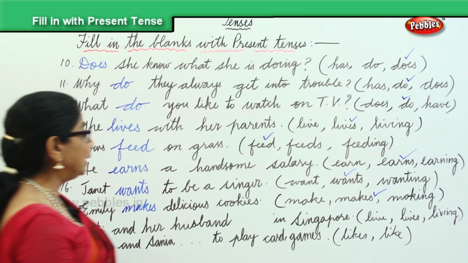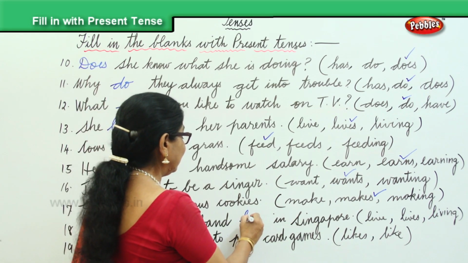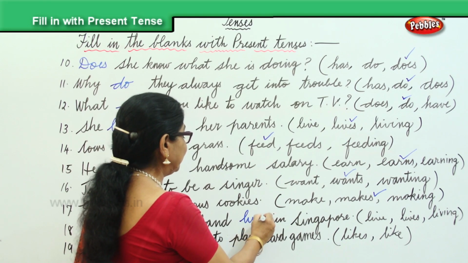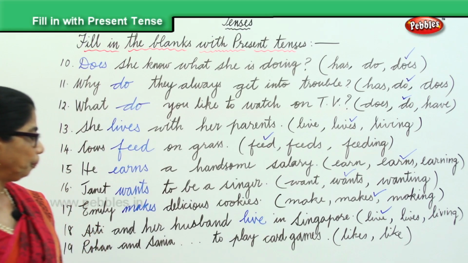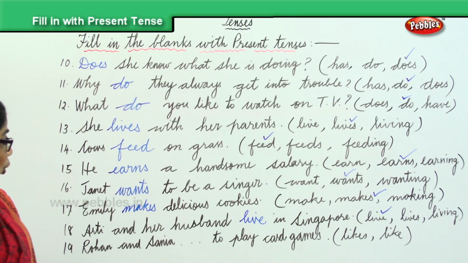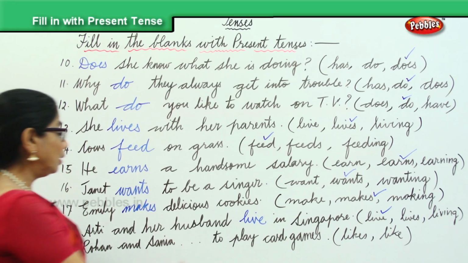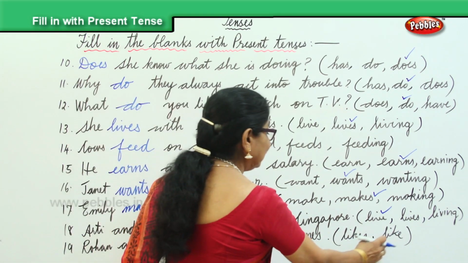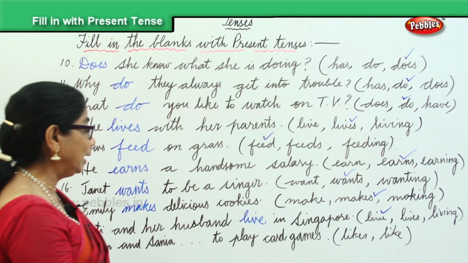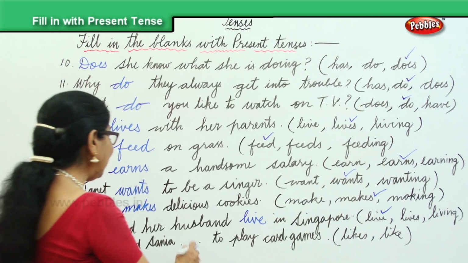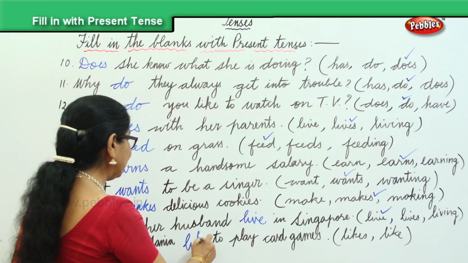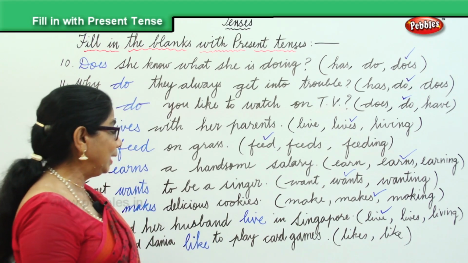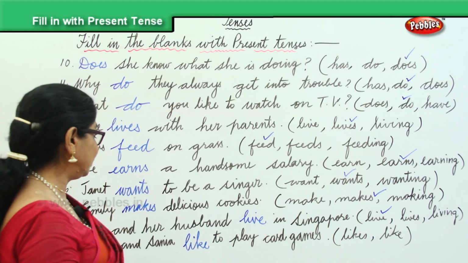Aarti and her husband live. They live in Singapore. Then finally we have Rohan and Sanya likes to play games. Rohan and Sanya like to play card games.